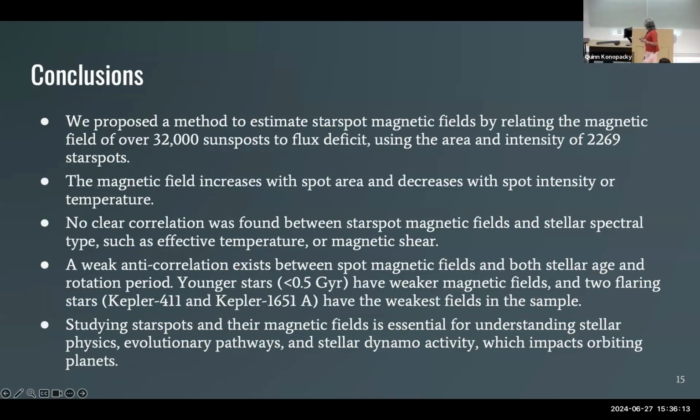So here are my conclusions. We propose a very simple method to estimate star spot magnetic fields using a relation that we obtained from the Sun. We found that darker and larger spots have stronger magnetic fields. The magnetic fields are in the range of a few kilogauss, from 2,500 to 4,000. Of course, we're only mapping the strongest or more intense spots.